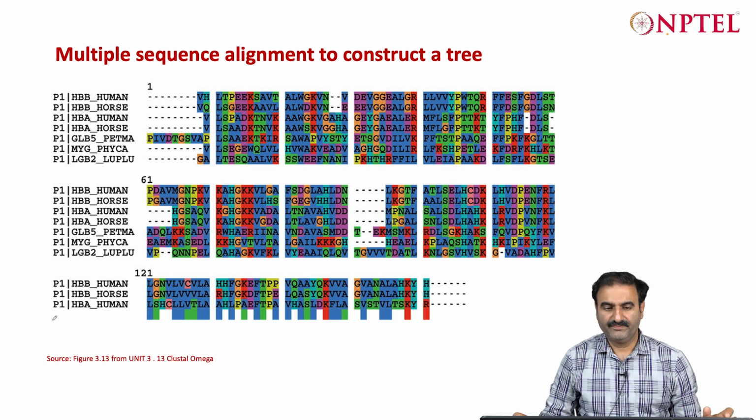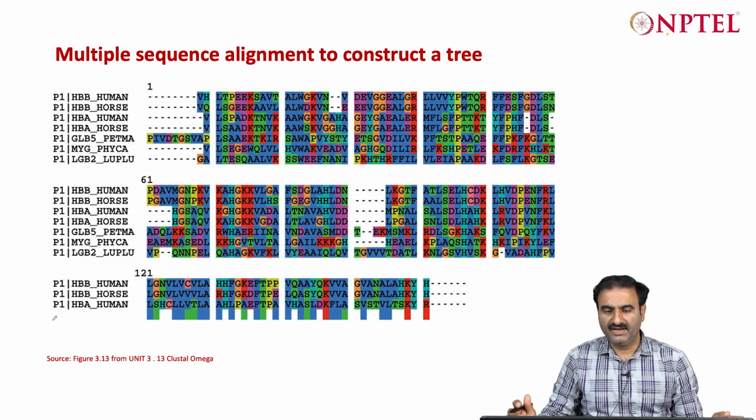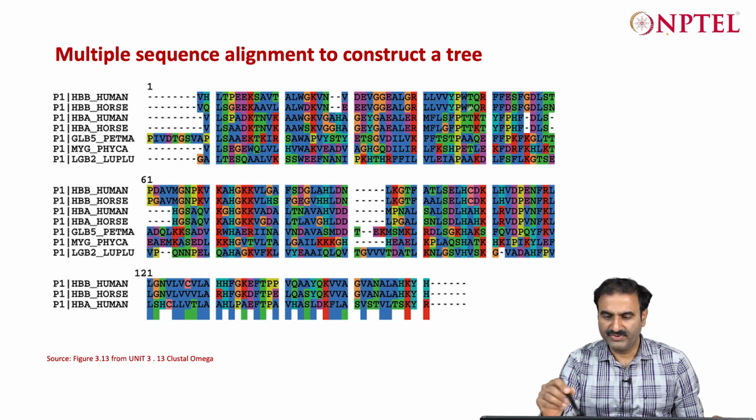The first thing in a phylogenetic tree is to have a sequence alignment, because that provides information about how the species are related. Here you can see some positions are very conserved, some positions have a gap, and some positions are variable.